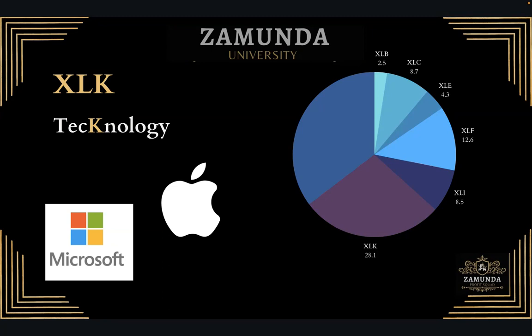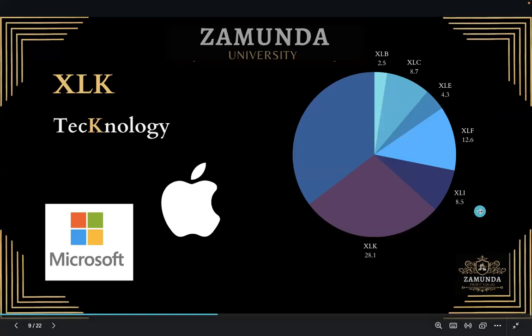XLK will consist of Apple, Microsoft, NVIDIA, and it's 28.1% of the S&P. XLK is more than twice the size of the next leading sector. So following XLK is very important to pretty much get a grasp on what's going on, which makes sense why everybody had all eyes on Apple for earnings.